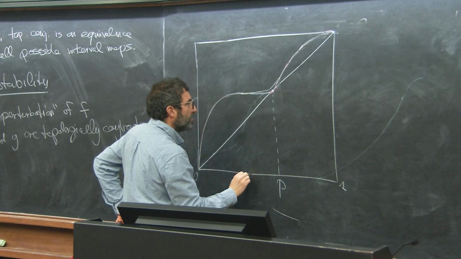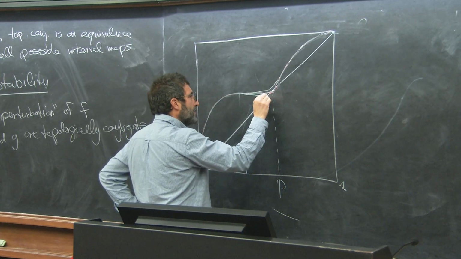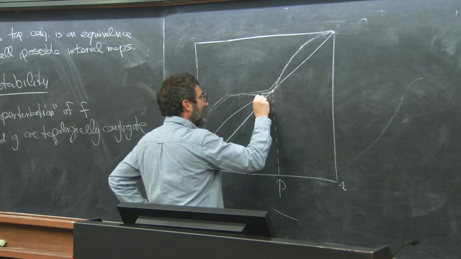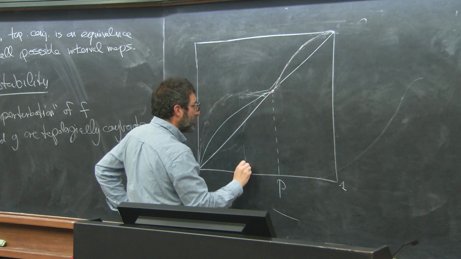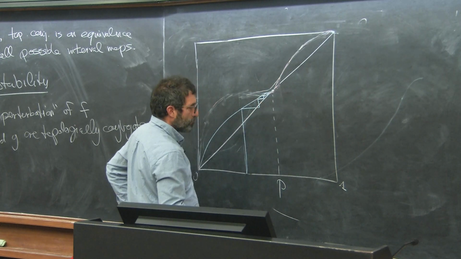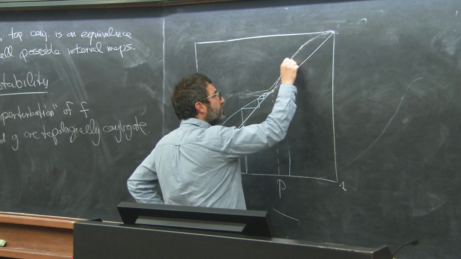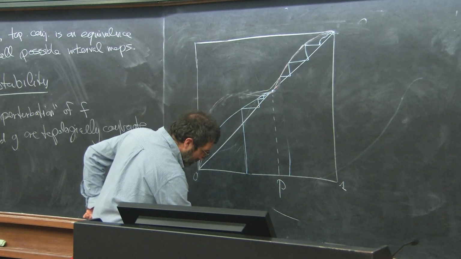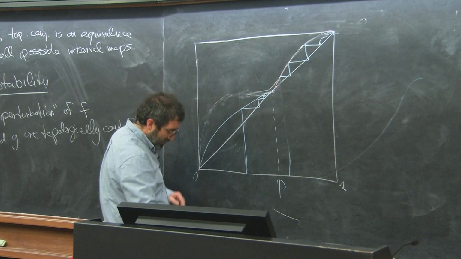This picture is not very good, I should have drawn it a little bit more like this, sorry. So this fixed point is attracting on the left, and it is repelling on the right. Certainly all the points between 0 and P, they converge to P.